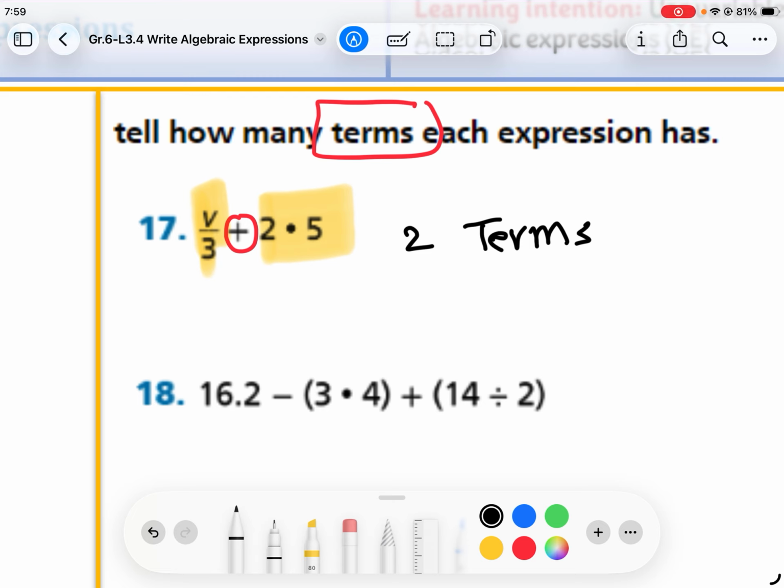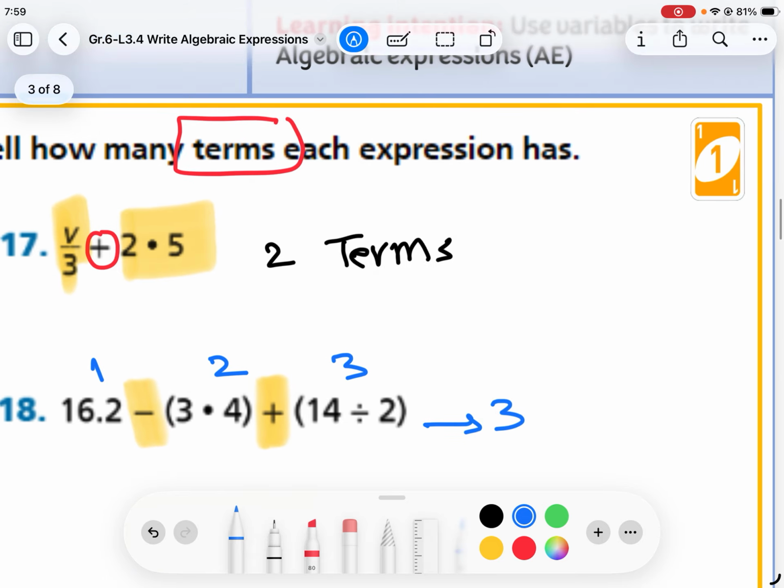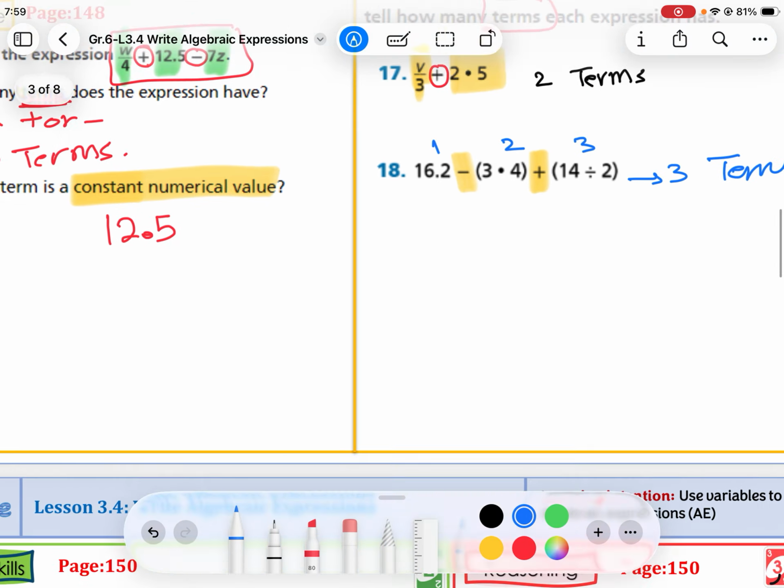Next one, we're going to do the same. That's a subtraction sign and that's an addition sign. Now I'm going to count my terms. As you can see, I have 1, 2, 3. So that means I have 3 terms.